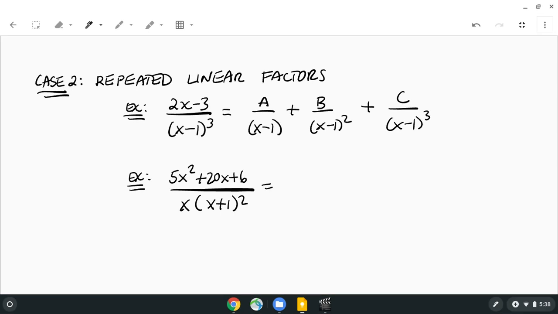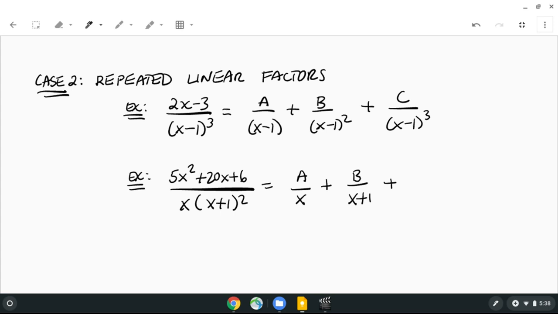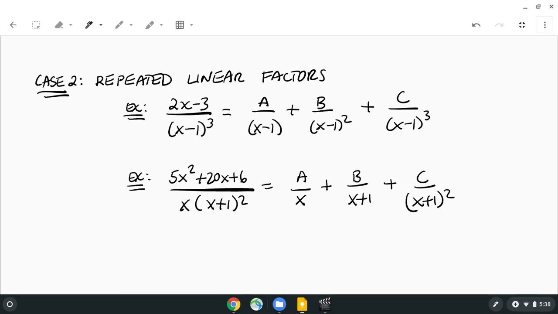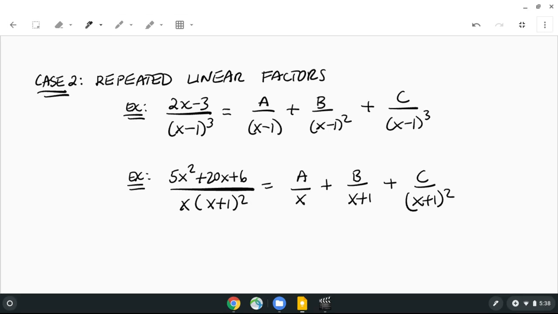So when we set up our fractions, we're going to have one for the one that does not repeat. And then we're going to have one for x plus 1 to the first power and x plus 1 to the second power. So that would be the setup for that case.